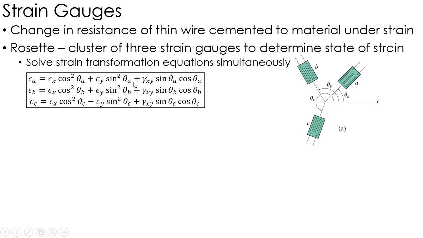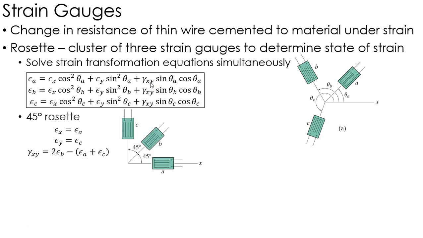So if you go back into the development for strain, we can write each strain in terms of its x, y, and gamma values. We do that knowing the specific angles at which they're located, theta A, theta B, and theta C, and using the readings epsilon A, epsilon B, and epsilon C, I can find epsilon X, epsilon Y, and gamma XY. It's basically 3 equations, 3 unknowns that I can solve for here.